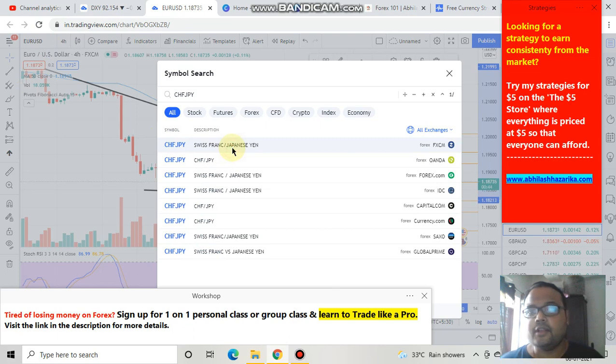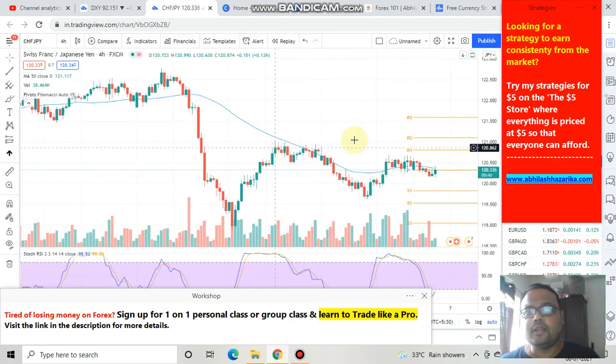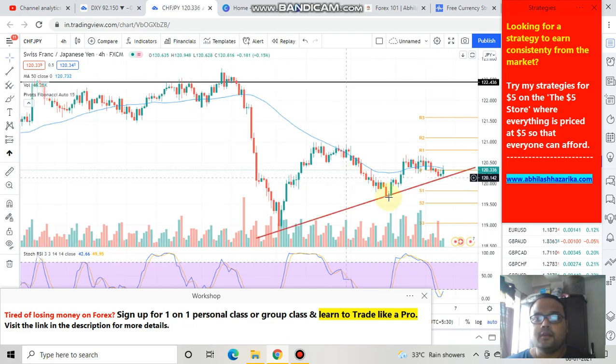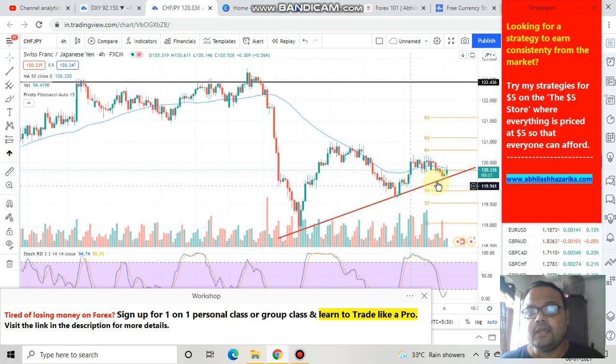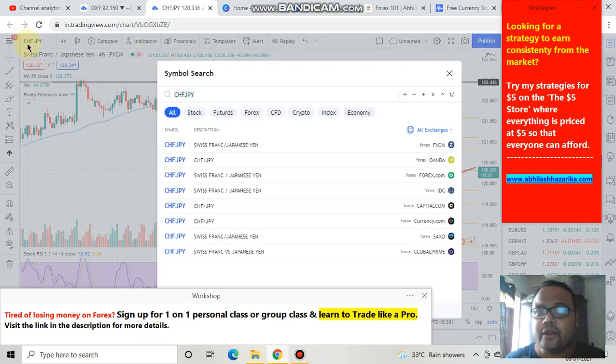I just found out in the morning that CHF looks pretty good in this chart right now, and you can see that CHF is just standing at the support level. I'm just hoping that I'll get a better price at 120.20, and after hitting the 120.20 level, if it starts going up, then we can initiate a buy position. But right now, we can wait for some better price.